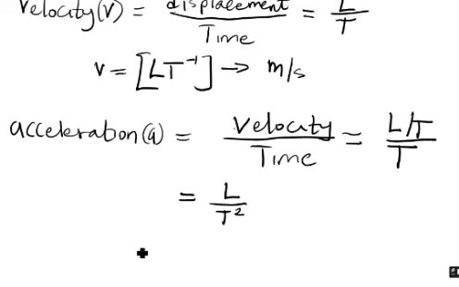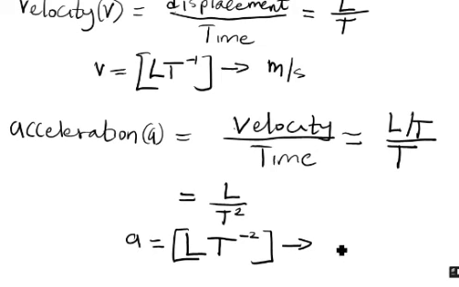So the dimension of acceleration will give us L T minus 2, and the SI unit of acceleration becomes meters per second squared.